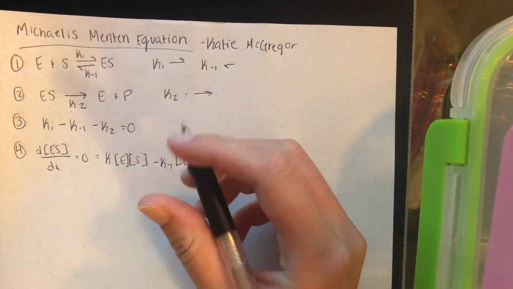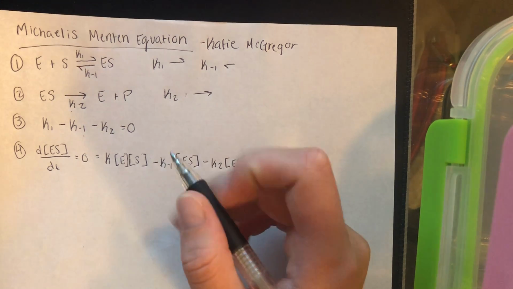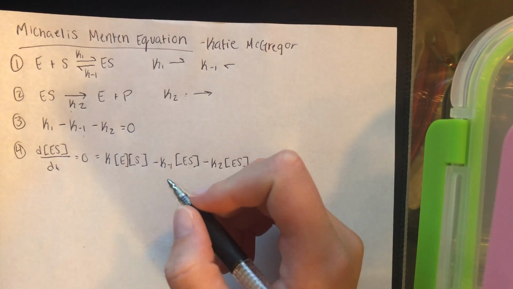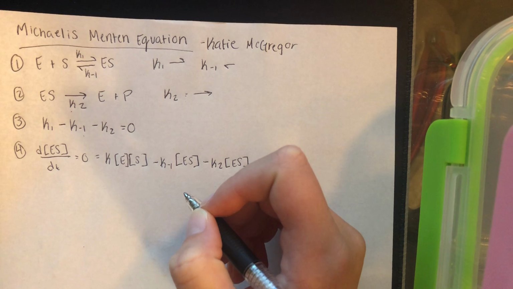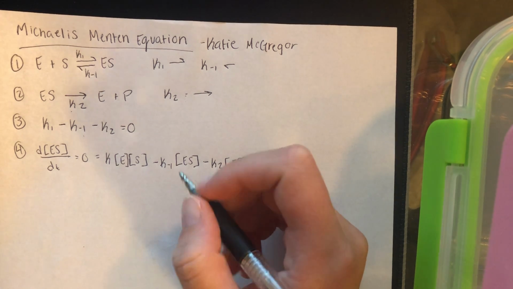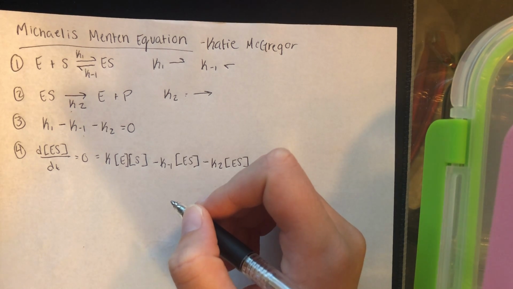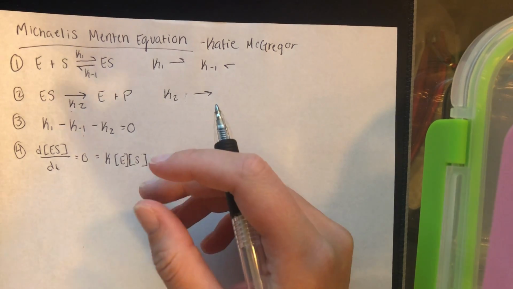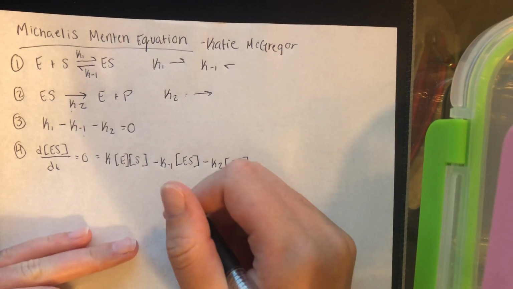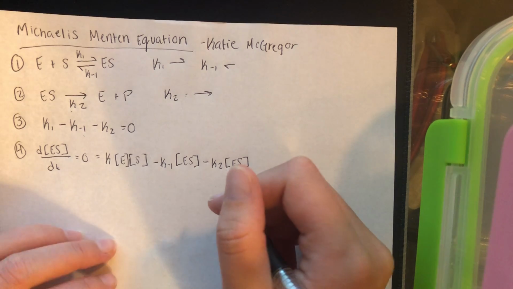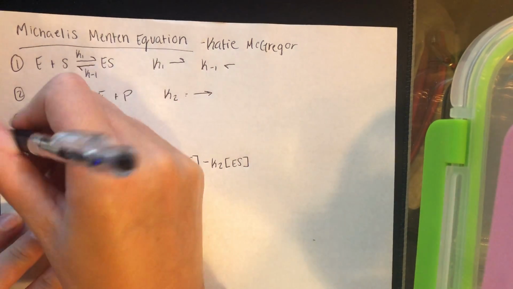ET or E total must then equal the concentration of E, the unbounded enzyme, plus the concentration of ES, or the enzyme substrate complex, the bounded enzyme. And then we can subtract ES from both sides and solve for E. So I will write this out.